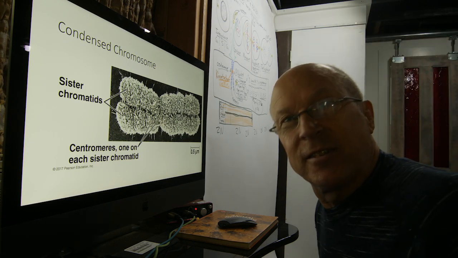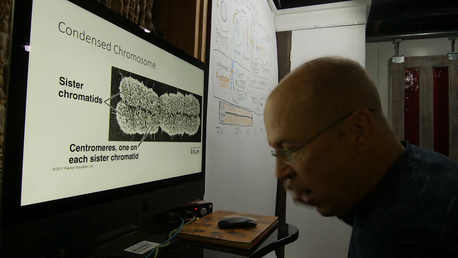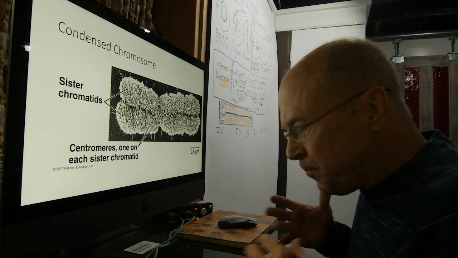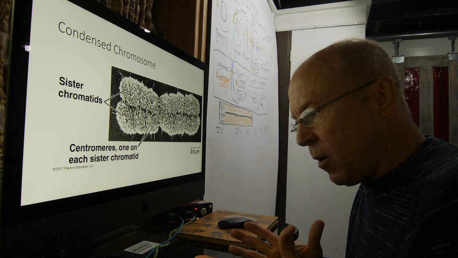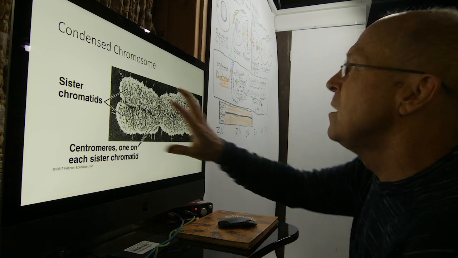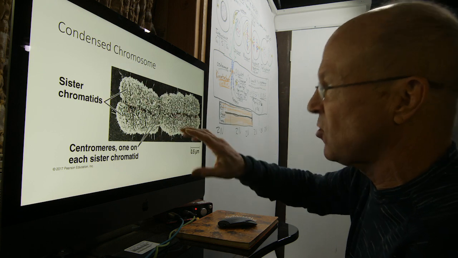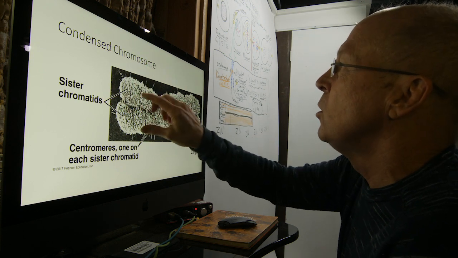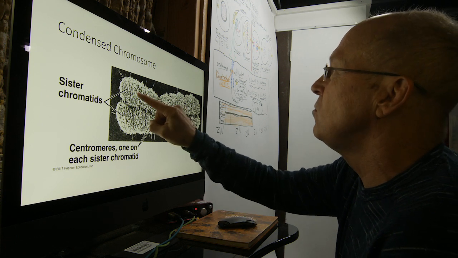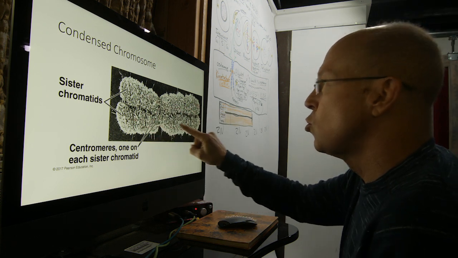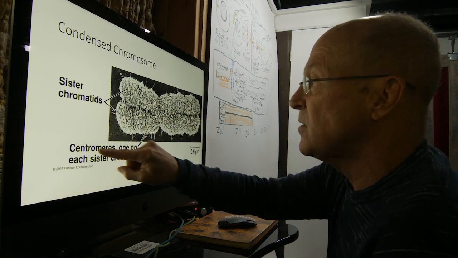Okay, so now it's time for us to look at a couple of images from the textbook that'll really help us understand things. So you remember that we've got duplicated chromosomes, and those duplicated chromosomes are going to condense and become visible. This is a duplicated chromosome right here. They're calling it a condensed chromosome. I would actually change that name to duplicated condensed chromosome, because here we see 1 chromatid, 2 chromatids called sister chromatids, and a centromere.